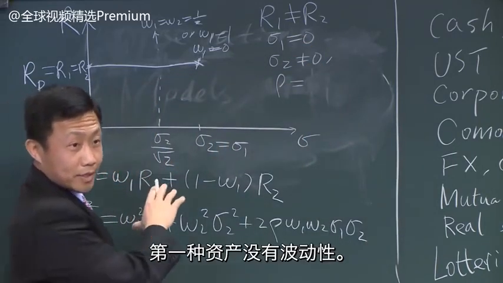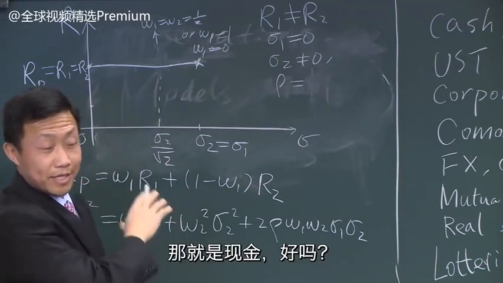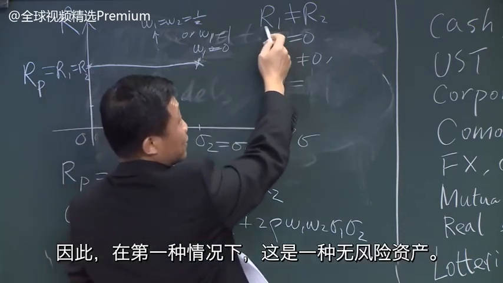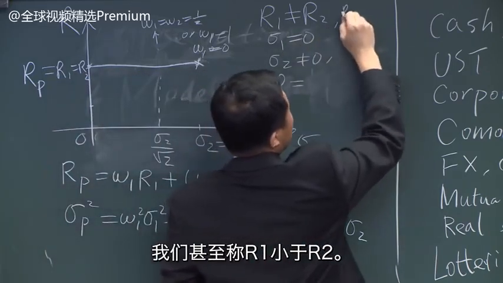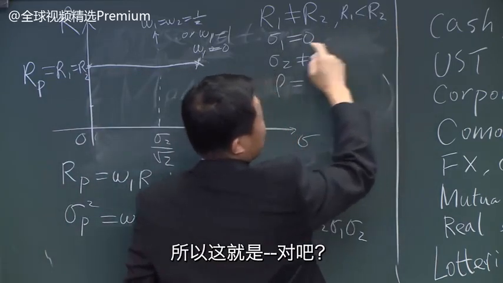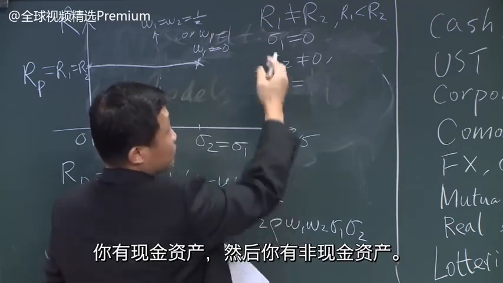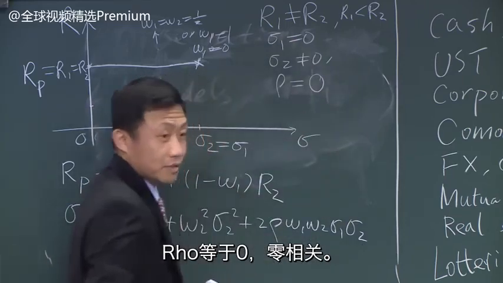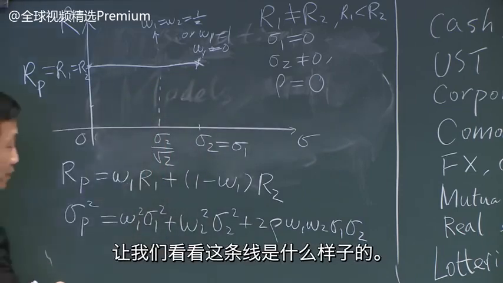There's no volatility of the first asset. So that's cash, a riskless asset in the first one. So let's even say R1 is less than R2. So you have the cash asset, then you have a non-cash asset. Rho equal to 0, zero correlation. So let's look at what this line looks like.